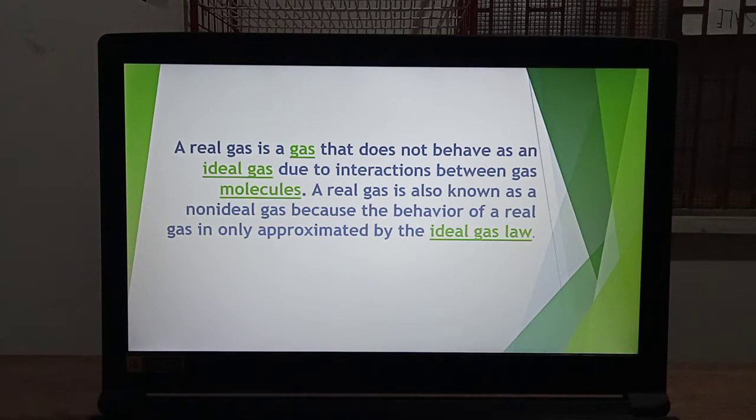A real gas is also known as a non-ideal gas because the behavior of a real gas is only approximated by the ideal gas law.